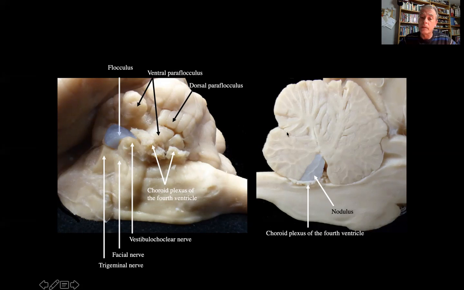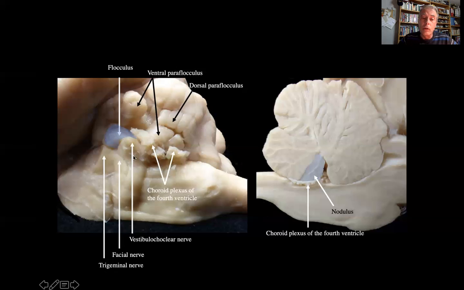So this part of the vermis sits on top of the tela choroidea of the fourth ventricle. You see, this mark in blue is the nodulus that corresponds with the flocculus. As you see, the flocculus is underneath the ventral paraflocculus.